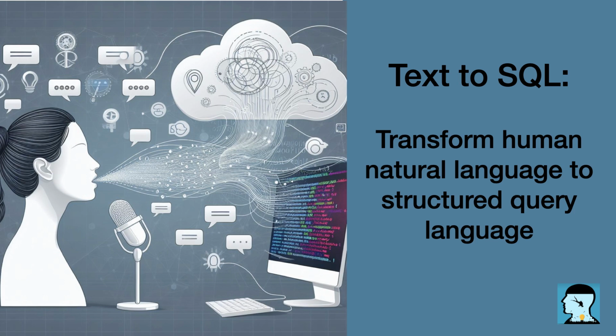In simple terms, LLMs are like super smart assistants that can understand and convert our everyday language into a structured language that databases can understand. They have learned from a lot of examples and can now accurately translate what we say into the language that computers speak.